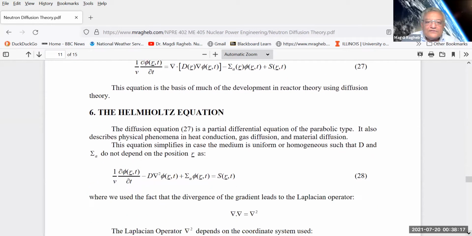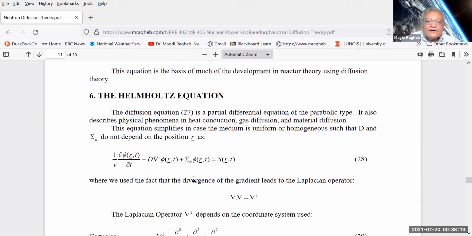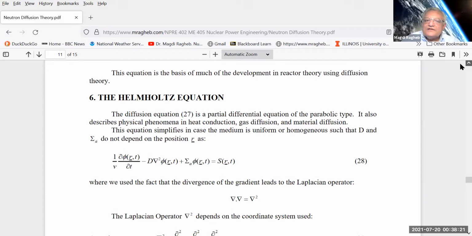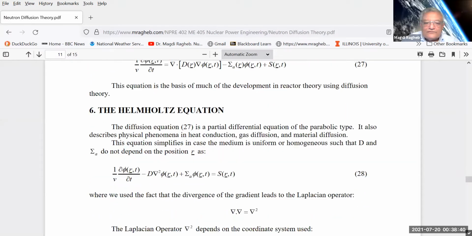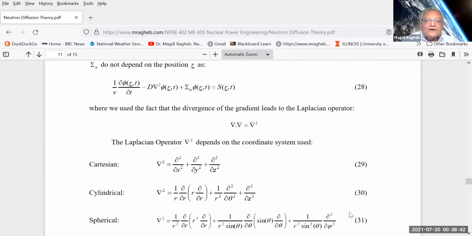And what he did is that he simply assumed first that D here, the diffusion coefficient, is a constant, it's not a function of r. So we take, in that case, a homogeneous medium. So if you take this D out as a constant, you end up with the divergence operator acting on the gradient operator. And when you do this, the divergence of the gradient, you end up with what's called the Laplacian.